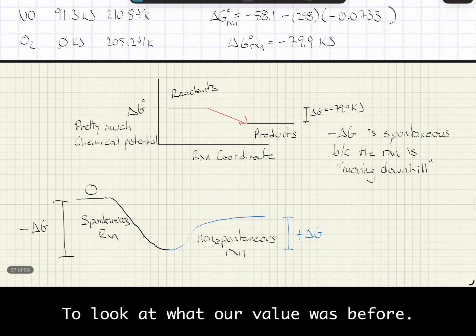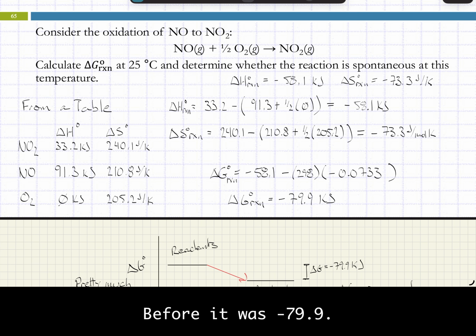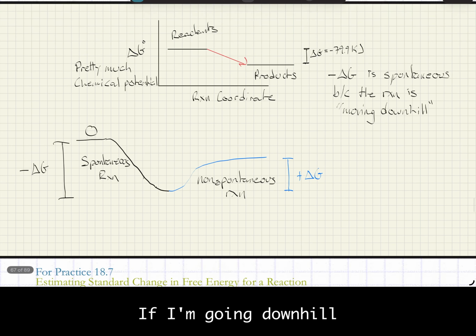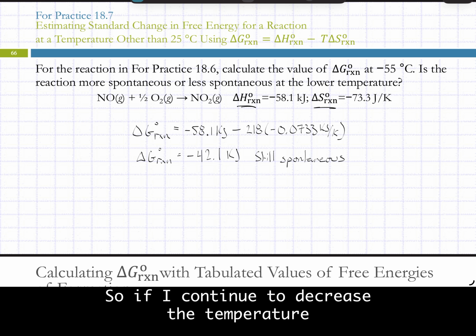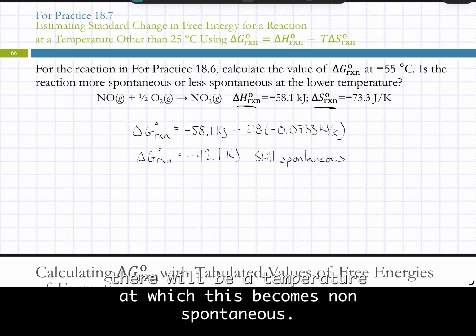If we look at what our value was before, it was negative 79.9. If I'm going downhill, now this is less downhill. So if I continue to decrease the temperature, there will be a temperature at which this becomes non-spontaneous.